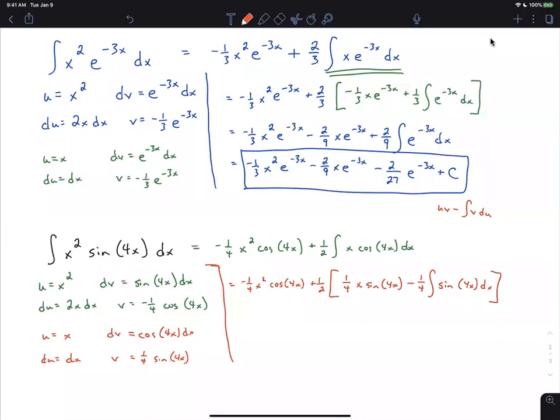You want to take a step to distribute that 1/2, so we're going to get negative 1/4 x squared cosine of 4x, and then plus 1/8 x sine of 4x, and then minus 1/8 integral sine of 4x dx.